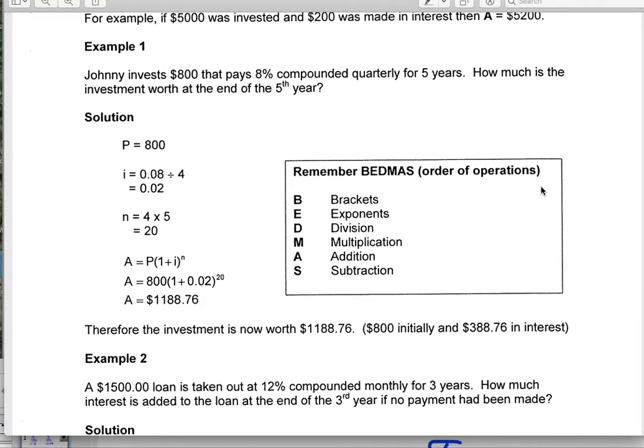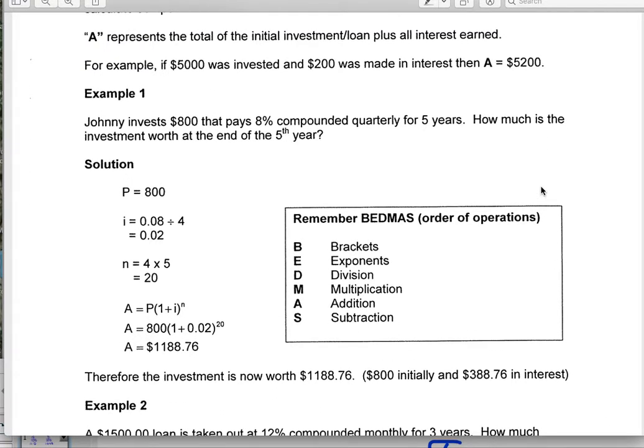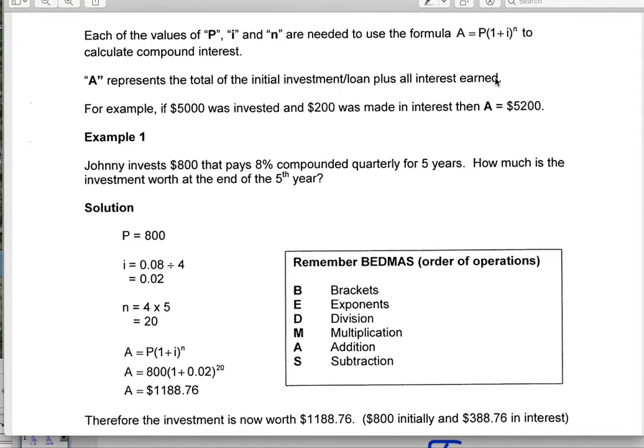So let's look at calculating this compound interest. It says Johnny invests $800 and is paid 8% compounded quarterly for 5 years. How much is the investment worth at the end of the 5th year? So you need to be able to identify your variables from the equation A equals P times (1 plus i) to the exponent n.